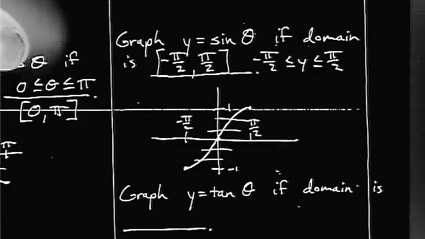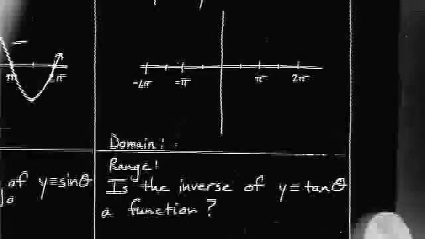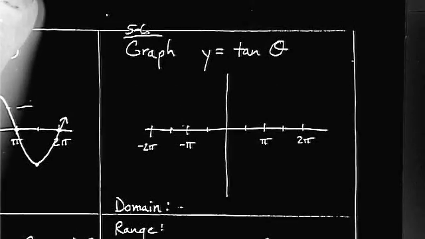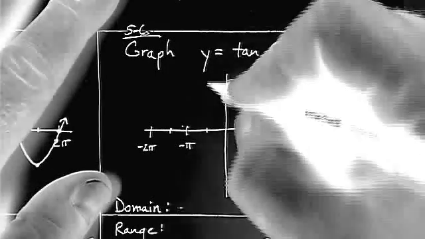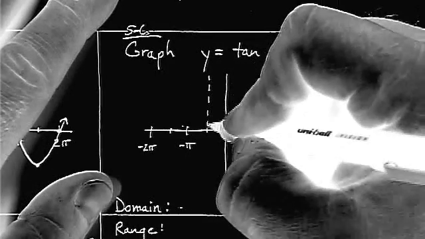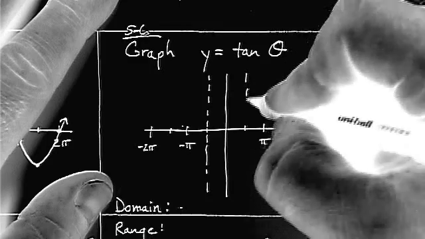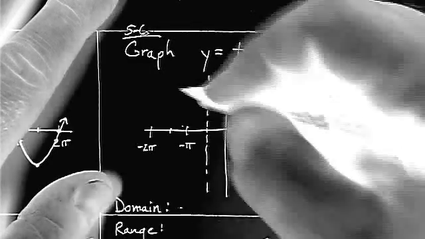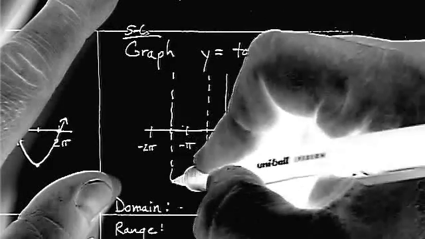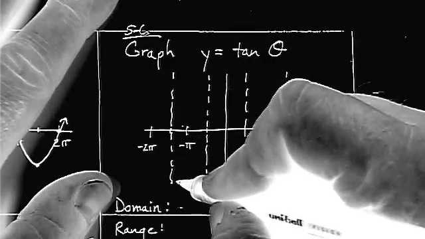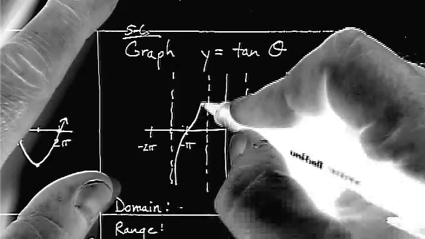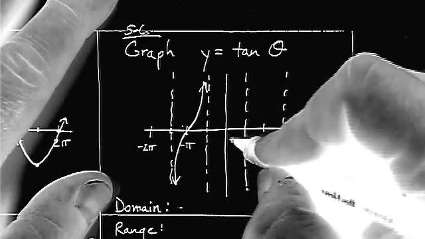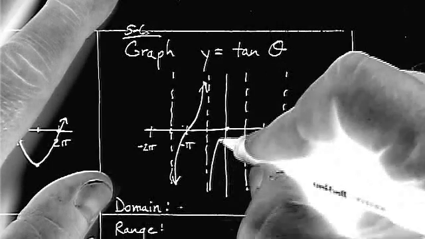All right, now, graph the tangent. Let's take a look at the tangent function. The tangent function, we know, has a period of only 1 pi, and at all of these odd multiples of pi over 2, we keep getting these vertical asymptotes, right? You know, and the shape comes through right at the increments of pi.